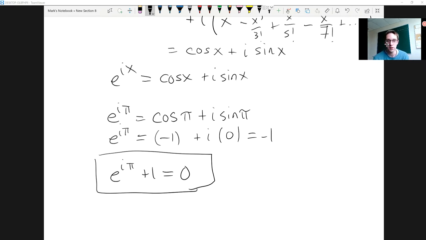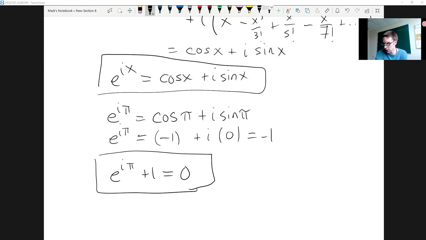All right. So that's another neat application of Taylor series. They allow us to derive this formula, e to the ix equals cosine x plus i sine of x.